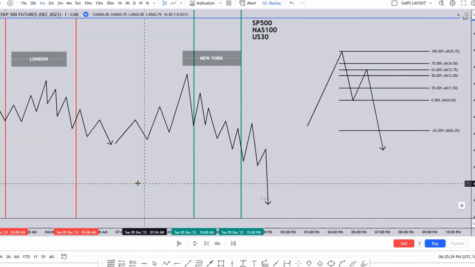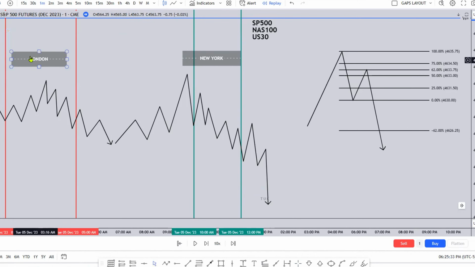Typically what we're going to see is if the London session is bearish, then we should see a continuation in New York. Whatever London does, we'll see a retracement of some sort into the New York session.